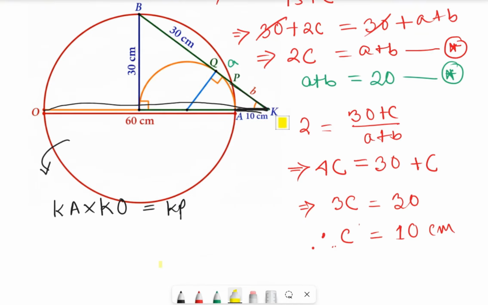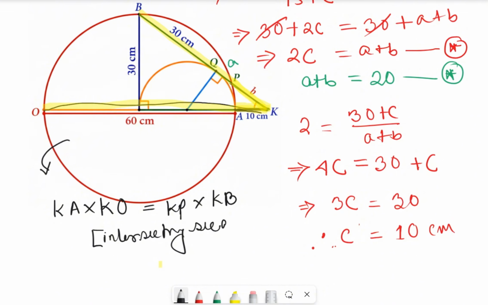Okay, so again KA times KO equals KP times KB. Why? Because of the intersecting secants theorem.